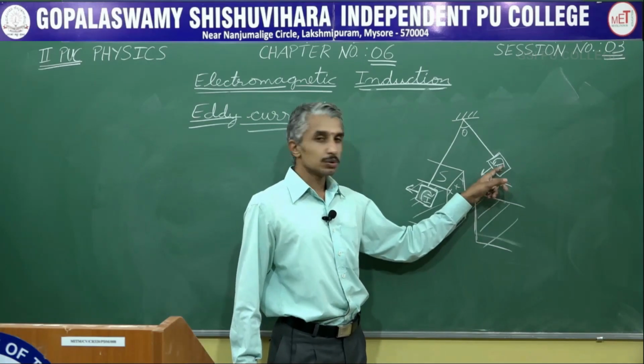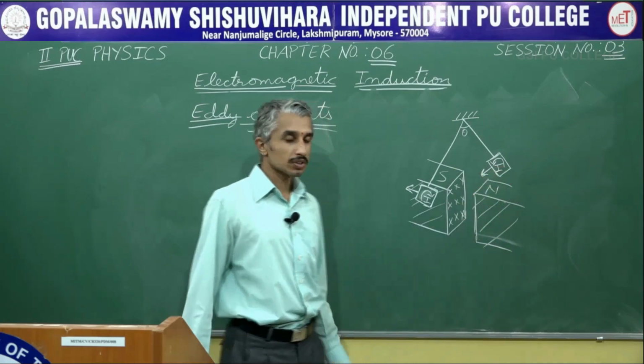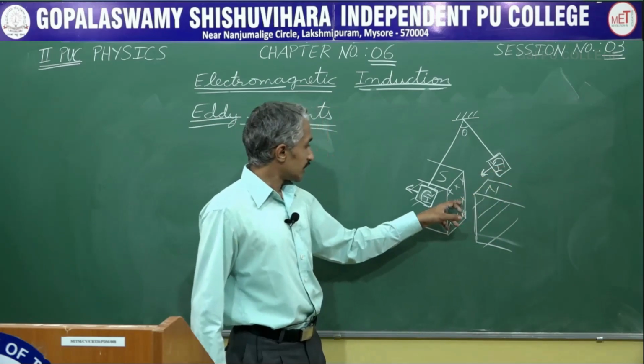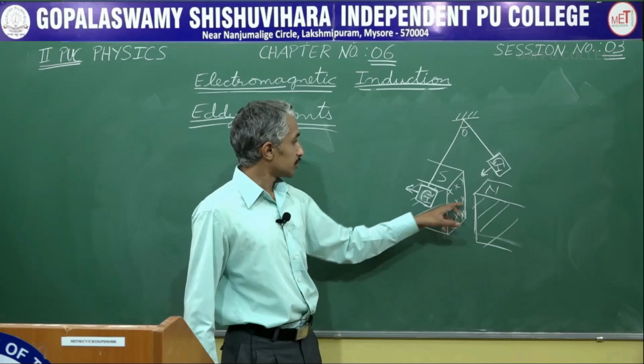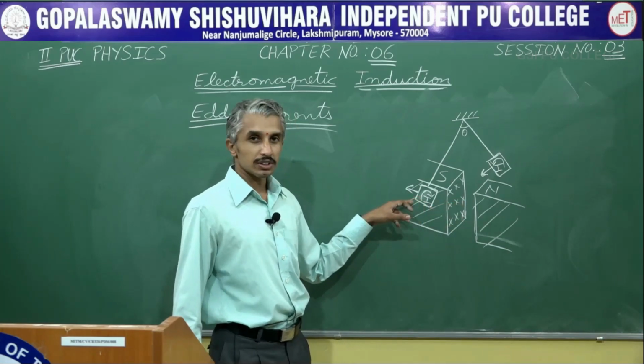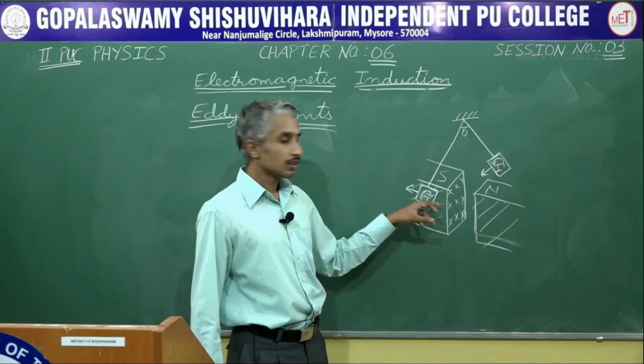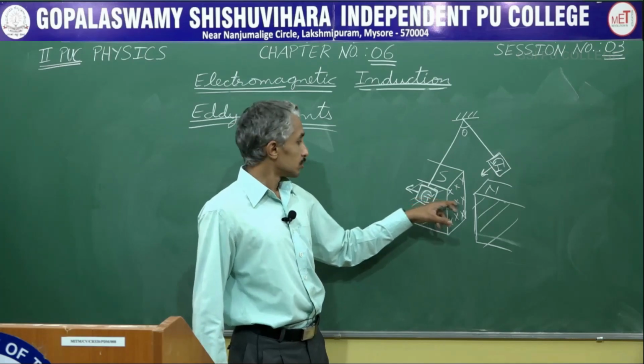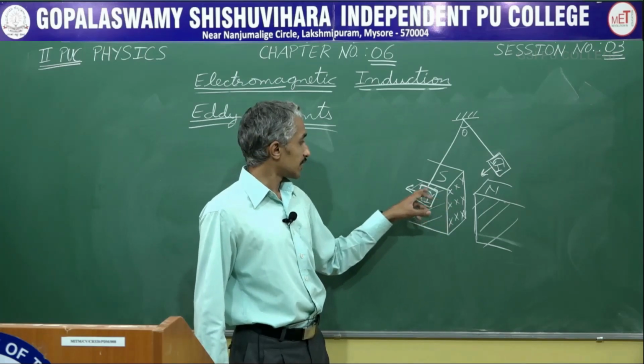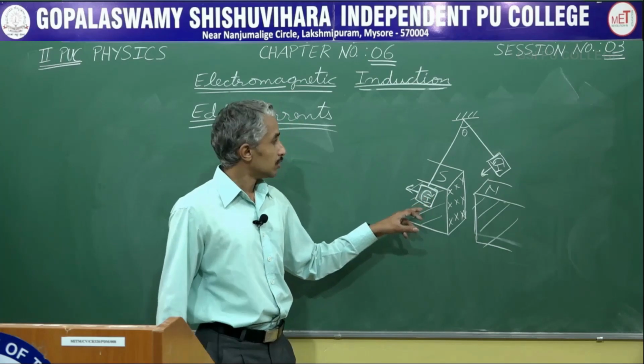Therefore, current is induced on the surface of the copper, and when it leaves this space between these two magnets, it again experiences a decrease in magnetic field or magnetic flux. So, again now the current direction changes.